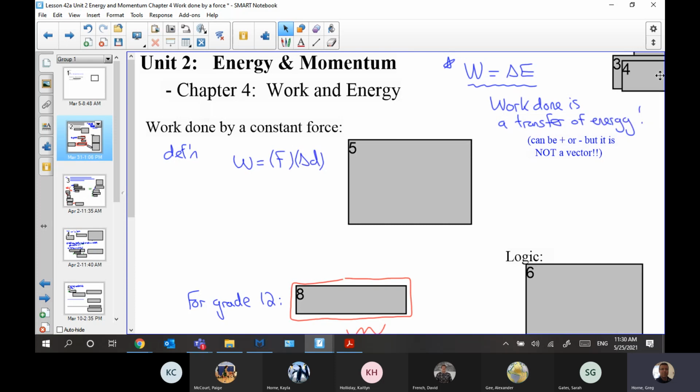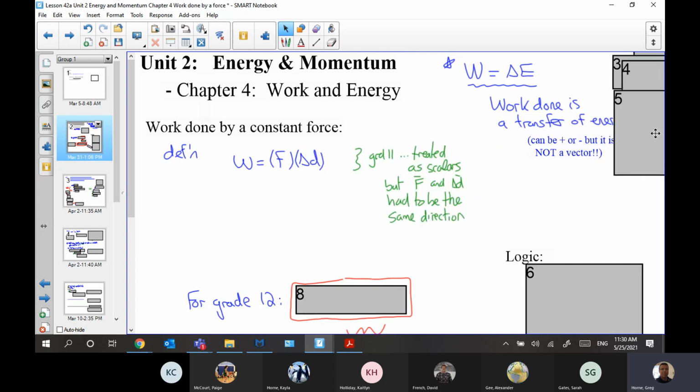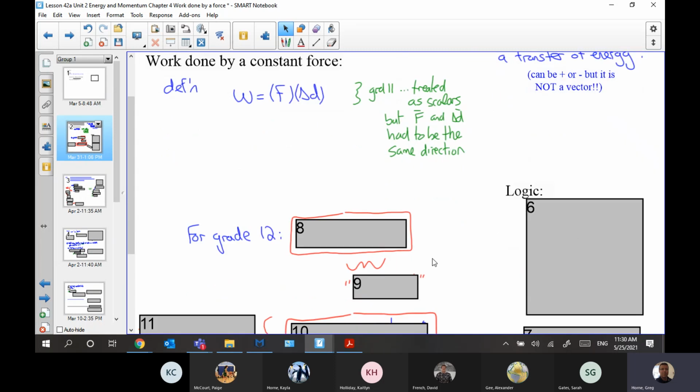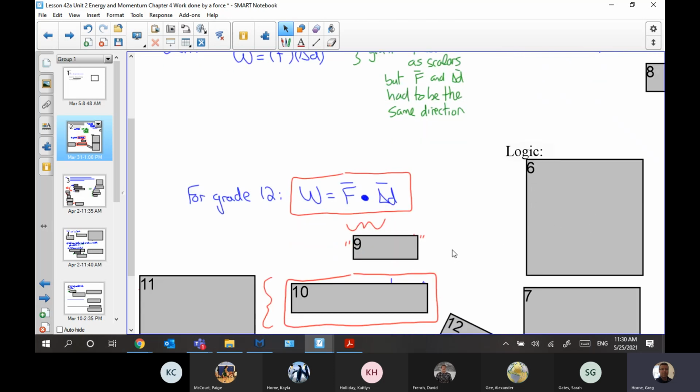But we know from grade 11, work equals force times distance, right? And so in grade 11, we thought of these just as scalars, where we're just like, oh, it's just F D cos theta, right? I'll show you the 2 versions here. It's really not any different, but they call it F dot D, and I showed this in grade 11 as well.